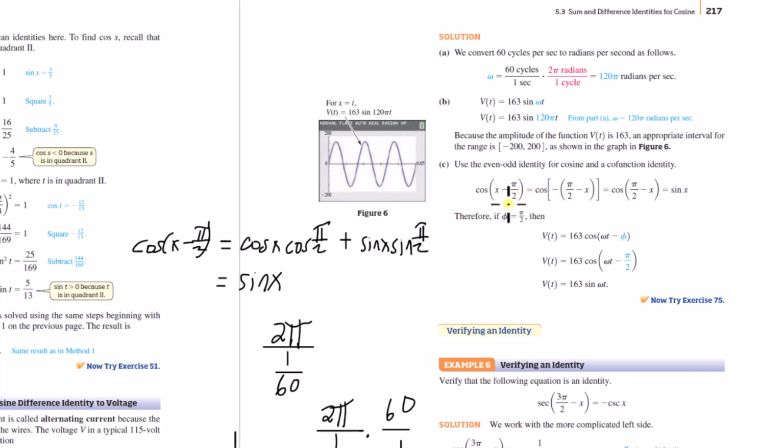So with that, we know that if psi is pi over 2, and you shift cosine pi over 2 to the right, well, pi over 2 is a quarter of the period. A quarter of 2 pi is pi over 2. So I'm not sure exactly how they're looking at this.